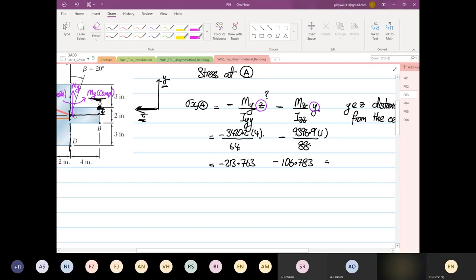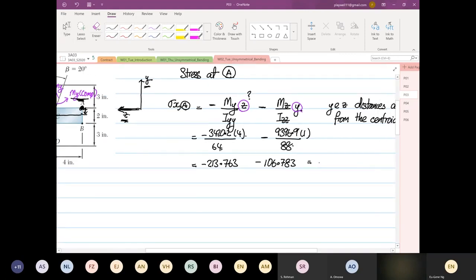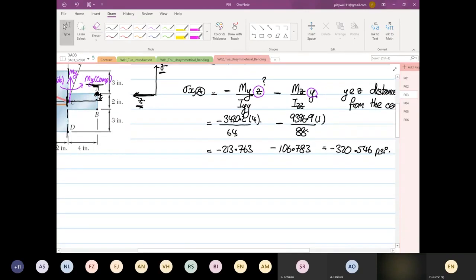So this will be equal to minus 213.763 plus 106.783. So this will be equal to minus 320.546 psi.